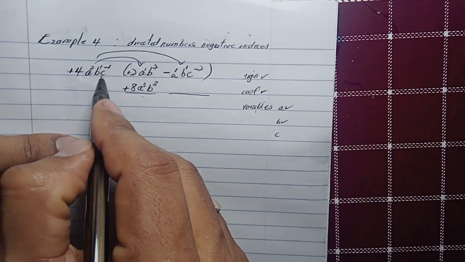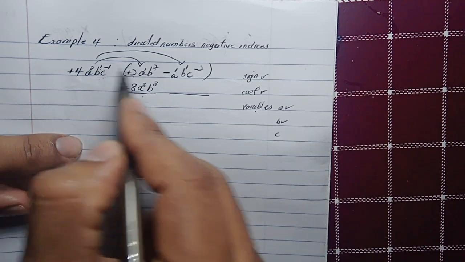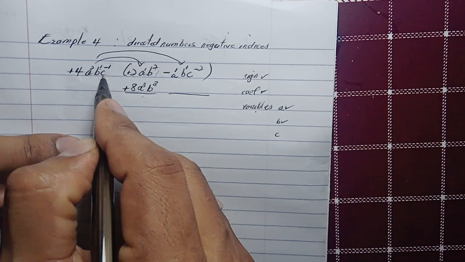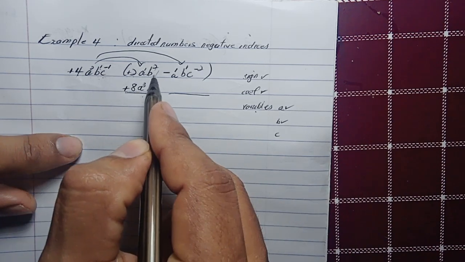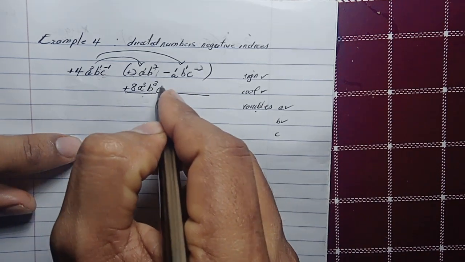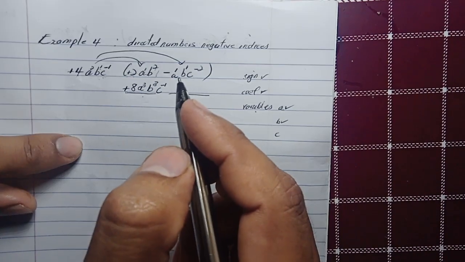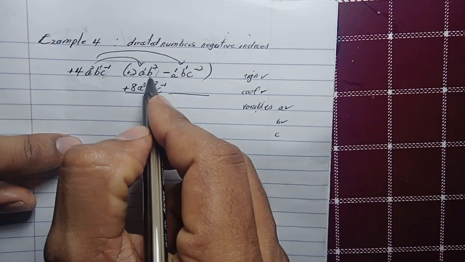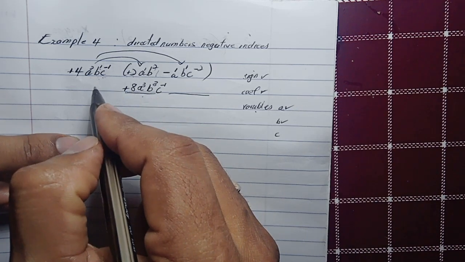And we have c here, c inverse, and of course we imagine that there's a 1 here. So c inverse times 1 is going to give you c inverse. That's it for our first term in the bracket multiplied by the term outside.